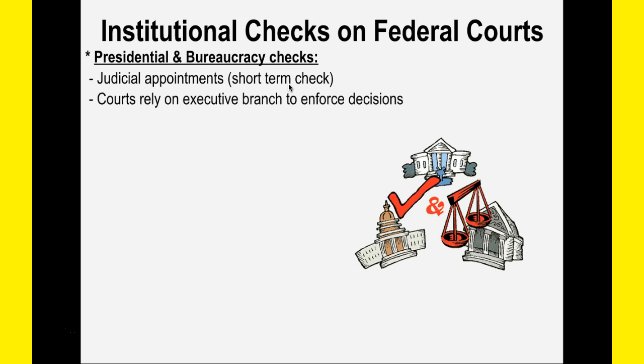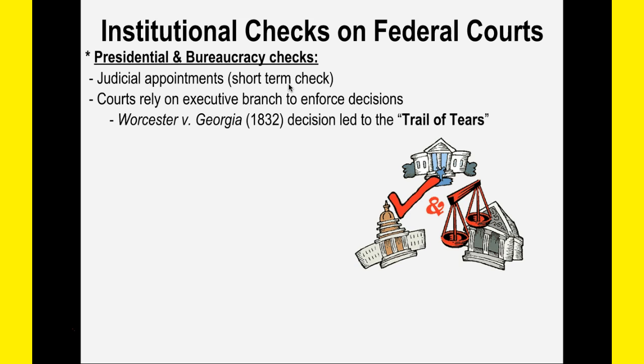And then something we haven't talked too much about, but when the Supreme Court or the courts make a decision, they need the executive branch, including the bureaucracy, to enforce those decisions. And a great example of that is in the Worcester versus Georgia case of 1832.